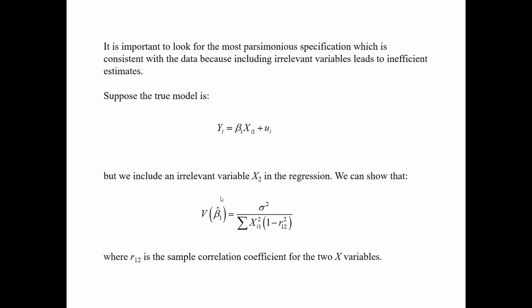Basically, the variance, if we exclude the x2 variable, would just be sigma squared over the sum of x1 squared, and we're multiplying that by 1 minus r12 squared when we include the x2 variable, and since we're multiplying by a number that's less than 1, that's reducing the value of the denominator and it's increasing the value of the variance overall. So that's why it's important to get the parsimonious specification. The inclusion of irrelevant variables like x2 in the regression equation increases the variance of the parameter estimates of the coefficients that we're interested in.